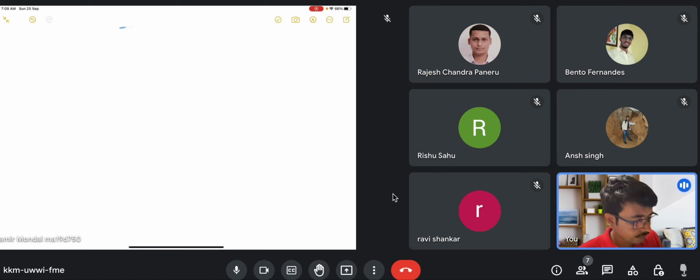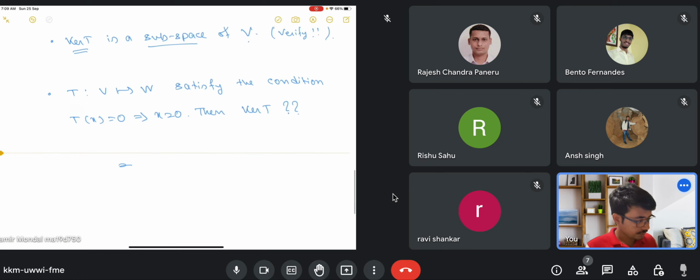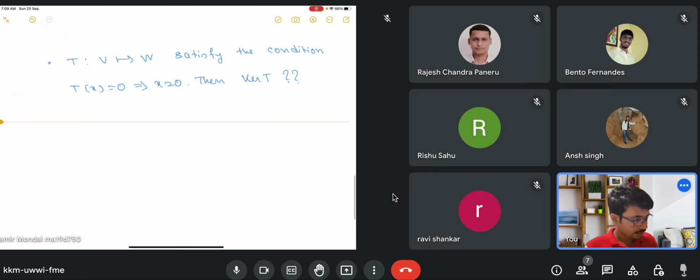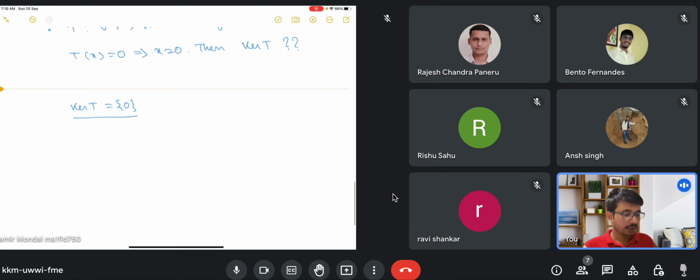So what we get is that the kernel of T is nothing but 0, only 0. If you have a linear transformation satisfying the condition that T of x equal to 0 implies x equal to 0, then our kernel of T will be only the singleton 0.